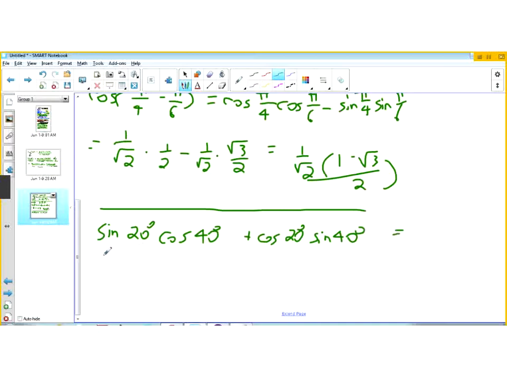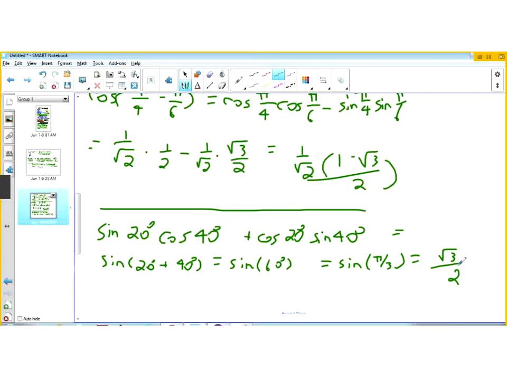You should recognize that that's just the sine of the sum of two angles. So this would be the sine of 20 degrees plus 40 degrees, which is equal to the sine of 60 degrees, which is equal to the sine of pi thirds, which you have memorized as being the square root of 3 over 2. All right.